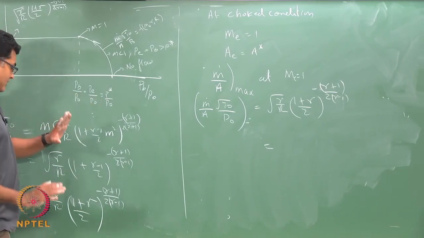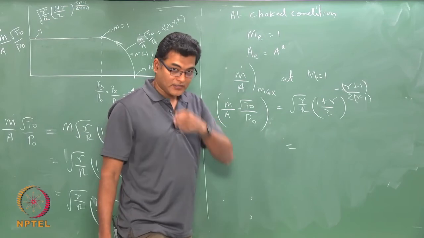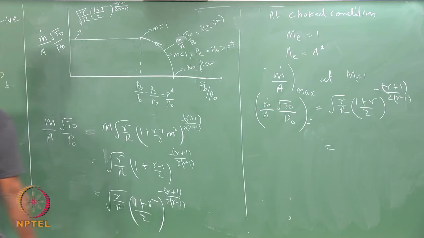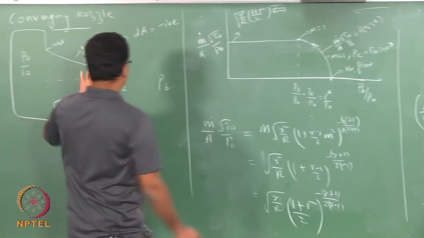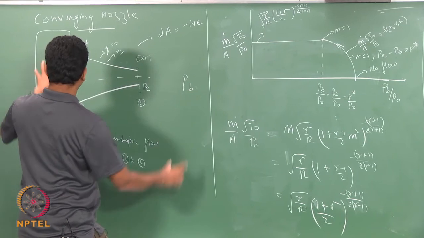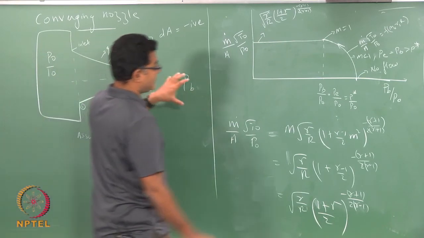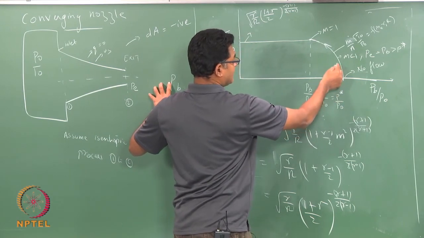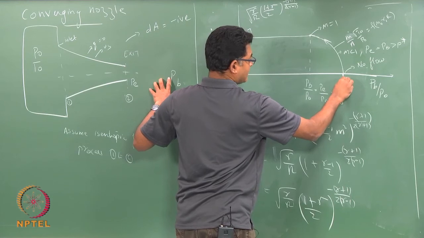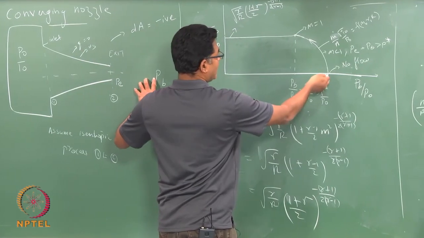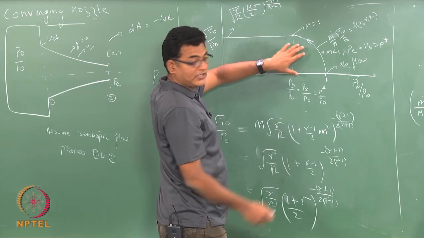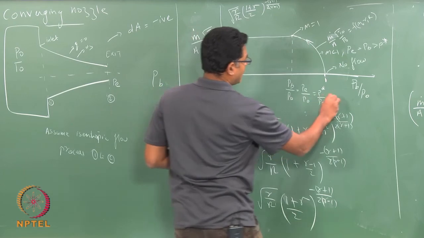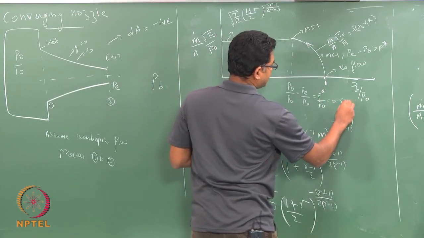So, again I will conclude by explaining this particular plot again using the setup we have just now shown. What I am going to do is decrease my PB, keeping my P0 constant. So, I keep decreasing my PB, which means PB by P0 is slowly decreasing from 1. When this is 1, there is no flow. As I keep decreasing, there will be a flow that starts, that is all subsonic till it reaches the pressure ratio of 0.0528 for air.